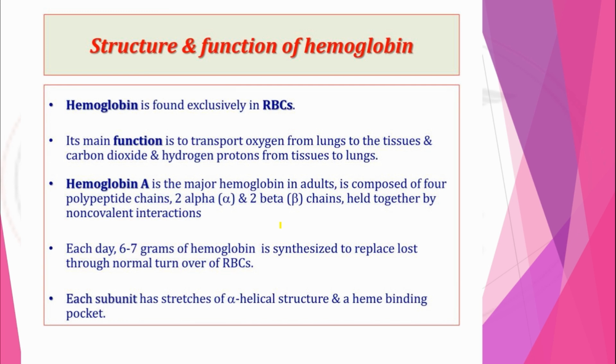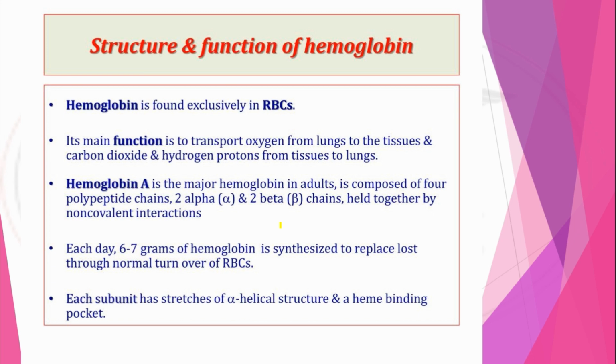For the inhalation and exhalation process: for inhalation, it transports oxygen from lungs to tissues, and in exhalation, it helps by taking carbon dioxide and hydrogen protons from tissue to lungs, so that we can exhale carbon dioxide and inhale O2.